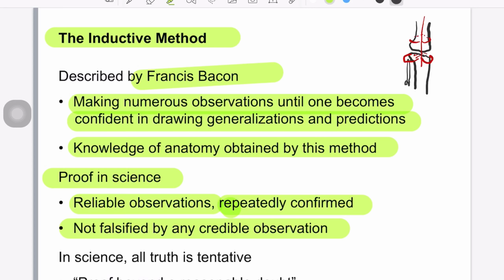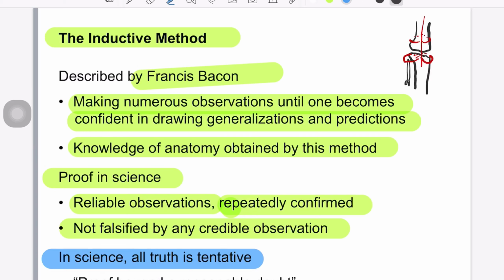Now I want to point out, and this drives people sometimes crazy who are not in science, that in science all truth is tentative. You always notice that scientists will put just a little bit of doubt, just a little bit of wiggle room into their comments. It's not that they're trying to be wishy-washy, but as scientists, we have to realize that what we understand now may change.